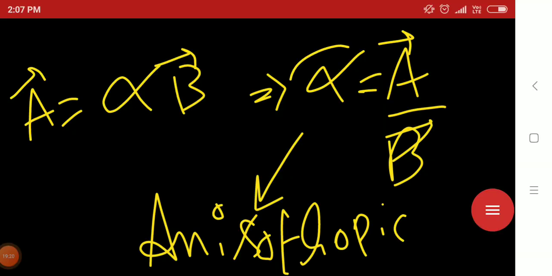And after that we have described the transformation relation and the transformation determinant. So this is just today's introduction part of tensor. So thank you.